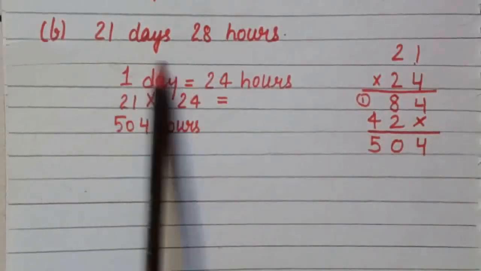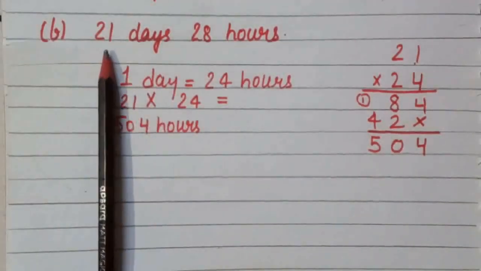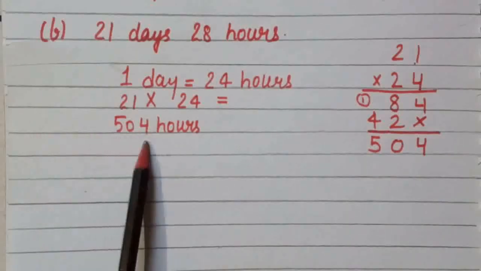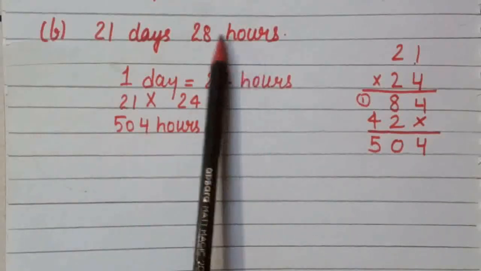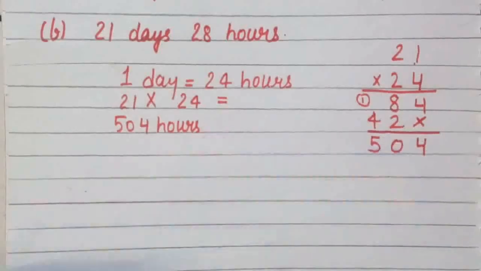Okay, by converting 21 days into hours, we got 504 hours. The remaining 28 hours, let's add here.